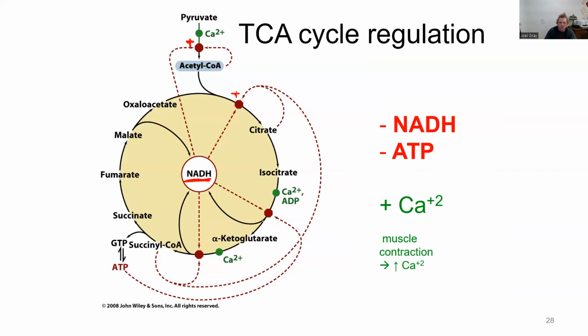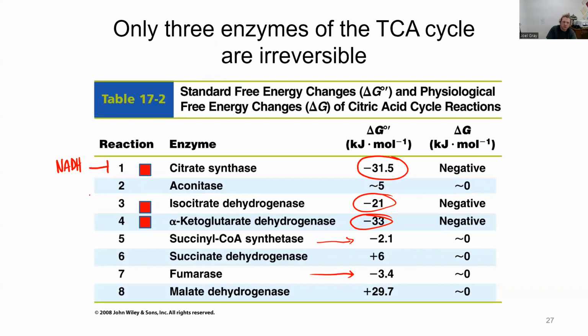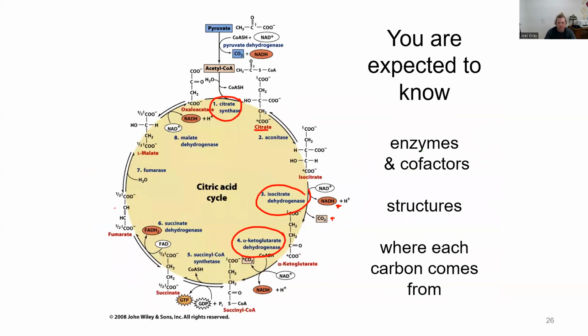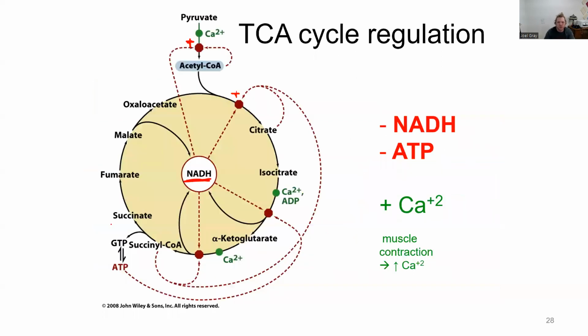NADH is also going to inhibit the step where we're generating alpha-ketoglutarate, which would be our isocitrate dehydrogenase. So NADH is also going to inhibit this step right here. After that, our step that leads to the formation of succinyl-CoA, which is our alpha-ketoglutarate dehydrogenase. So NADH is going to be inhibiting citrate synthase, isocitrate dehydrogenase, and alpha-ketoglutarate dehydrogenase.